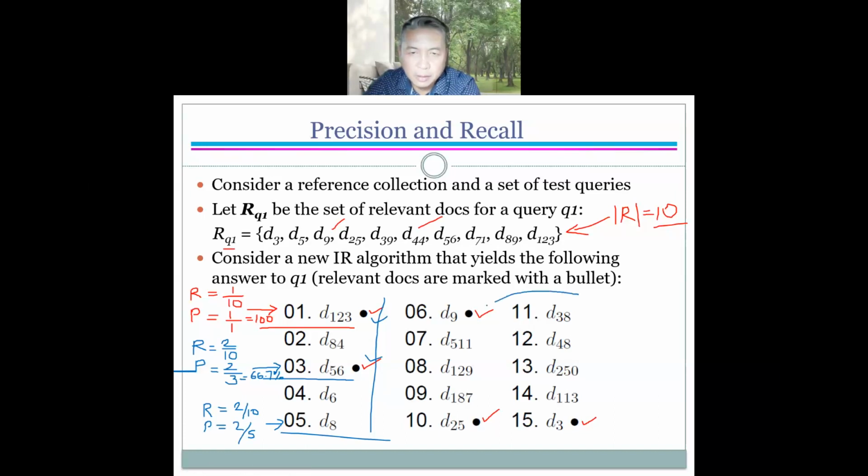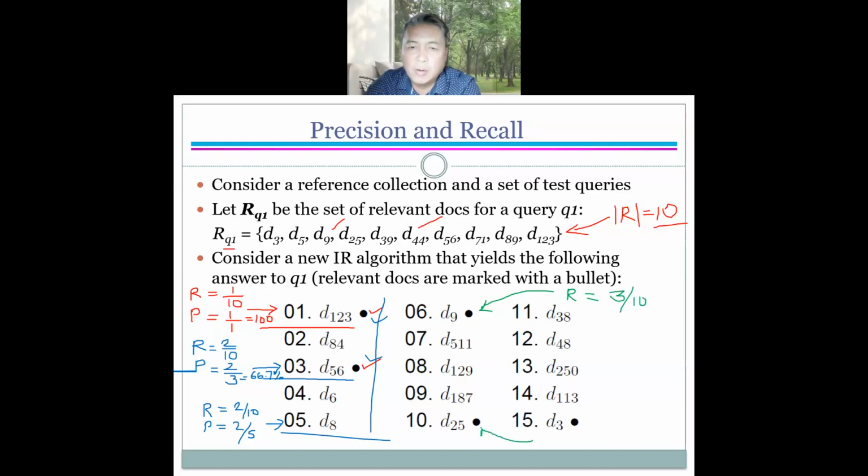Okay, when we are here, let's use a different color. So when we are here, what is our recall? Very good, 3/10.